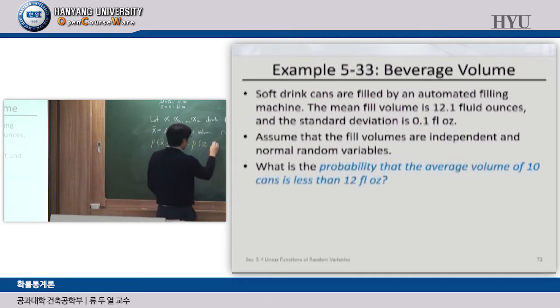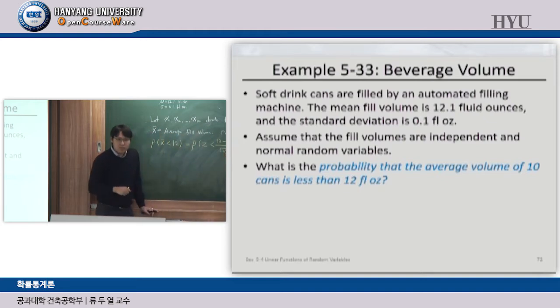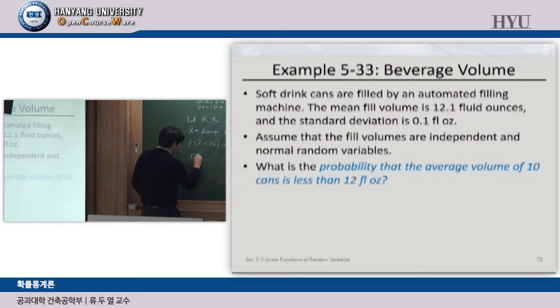And z should be smaller than 12 minus the mean of x bar, over root the variance of x bar. So we need to calculate the mean of x bar and also the variance of x bar.